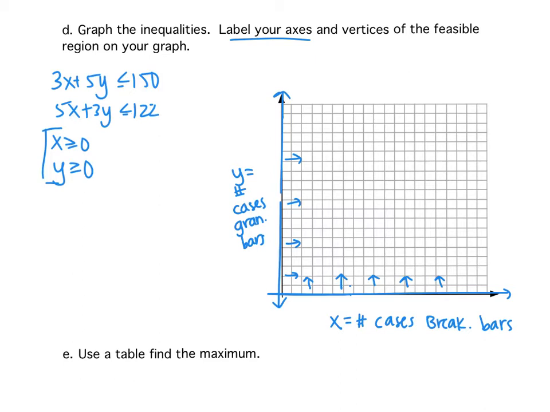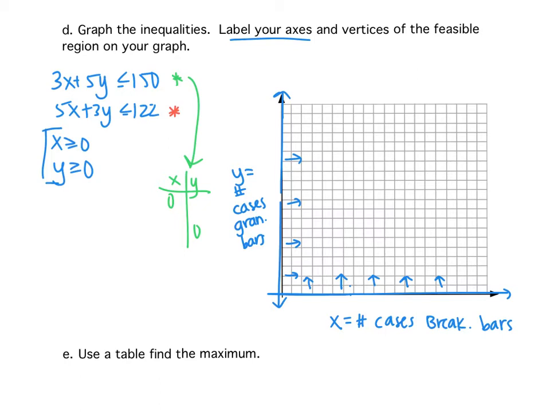Trickier ones to graph are going to be these 2. Both of them are in standard form, so we're going to have to do an XY chart. You probably want a calculator, so again, go grab a calculator if you need to. This top one, if I put my 0 in for x, I get 5y equals 150.